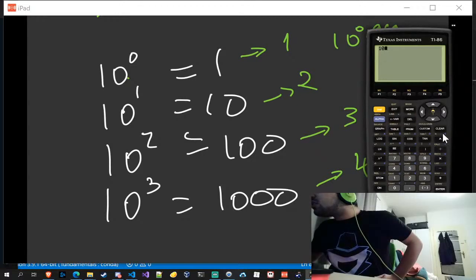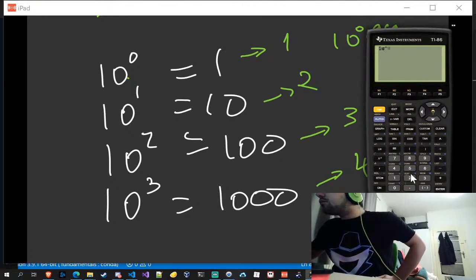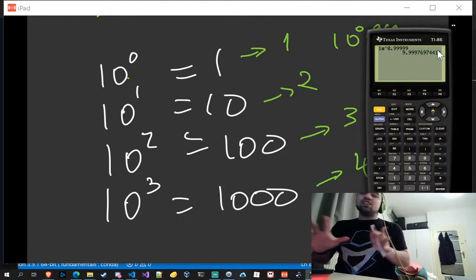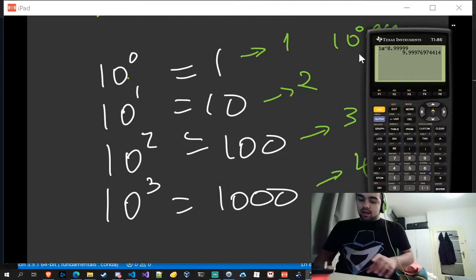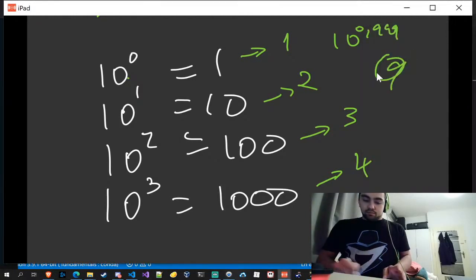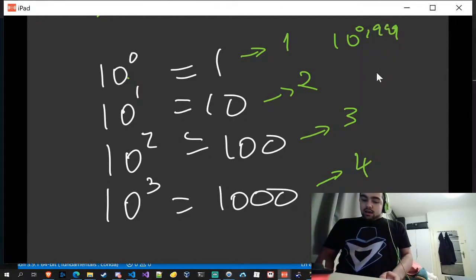Okay, let's just do this. 1 times 10 to the power of 0.99999, right? This is going to give you 9.999. So if you take the integer of it, it's just 9, which is the last digit. And 10 to the 0, of course, is 1.